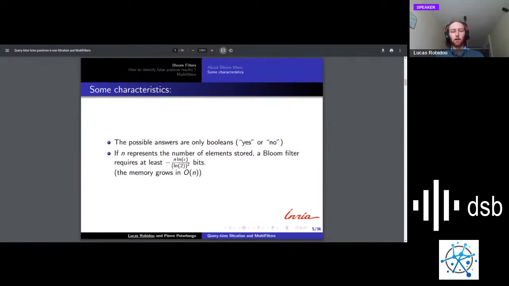If n represents the number of elements stored, this formula gives you the size of your Bloom filter depending on epsilon. Of course, the lower the epsilon, the bigger your Bloom filter. But quite interestingly, the memory grows linearly with the number of elements stored. I'm going to use that later.